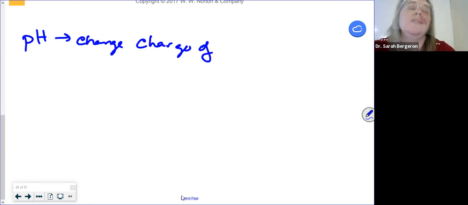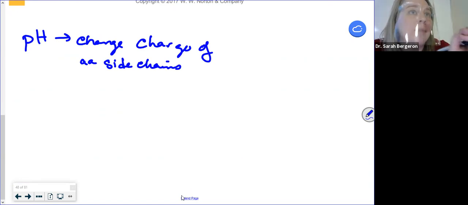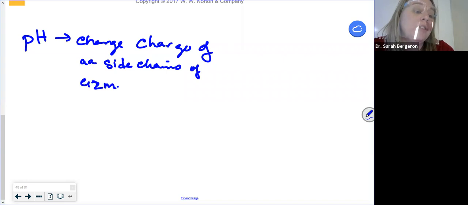What do you mean specifically? How does it change charge? It changes the charge of amino acid side chains. And now we're really just talking about the enzyme. It would alter substrates too, but in this question, we're just talking about the enzyme. That's true, enzyme. Okay. But so what?